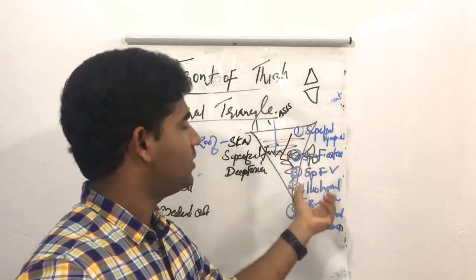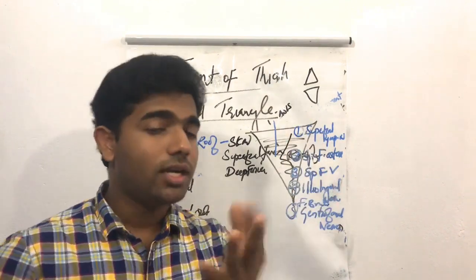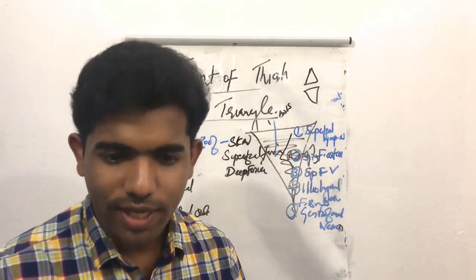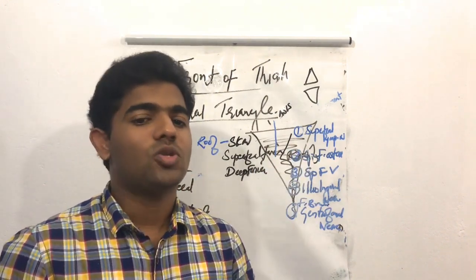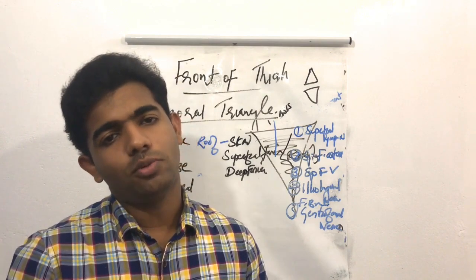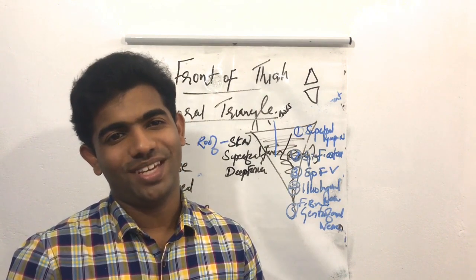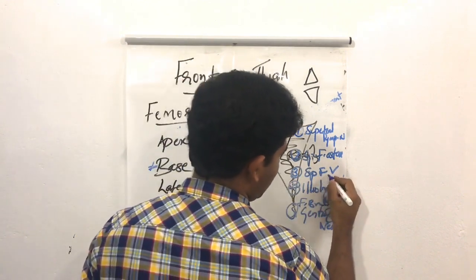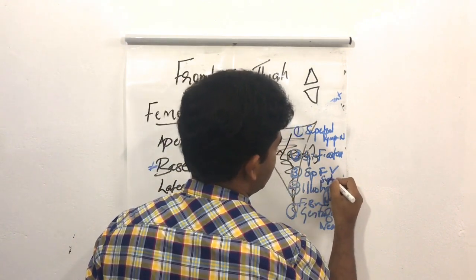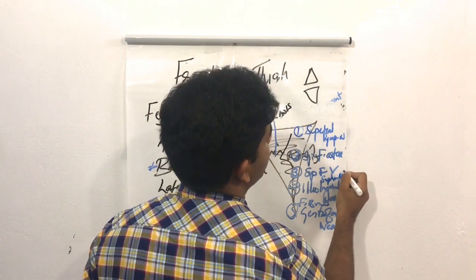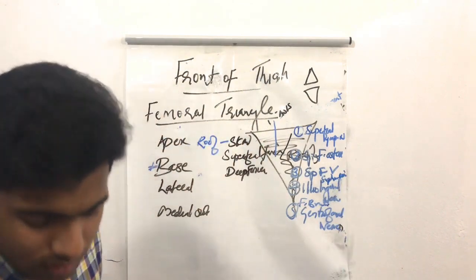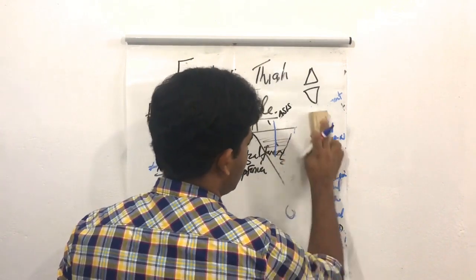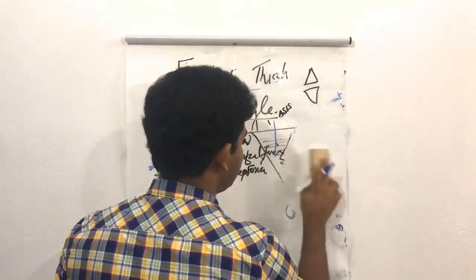What are the nerves? Here you have the ilioinguinal nerve. Here you have the genitofemoral nerve. Those are the things you have to remember. And of course you have the femoral vessels and saphenous nerve. If you want to remember, you also have the saphenous vein. That is the roof of the femoral triangle.